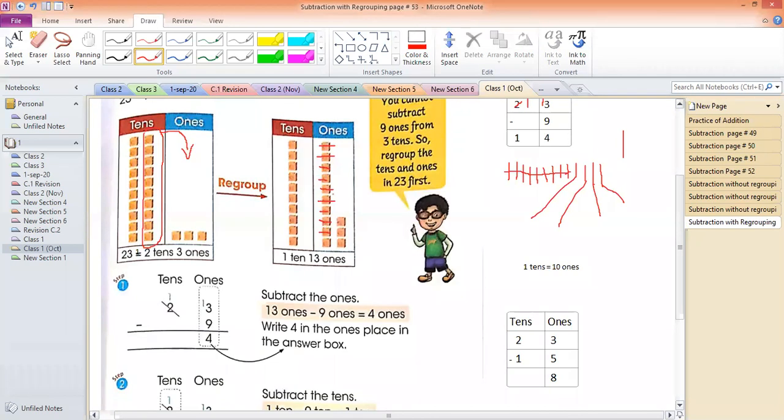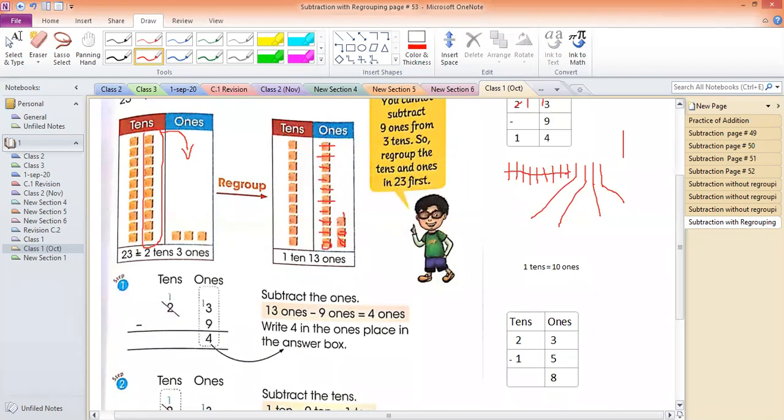Now you can check how many cubes are left. This is 1, this is 2, this is 3, and this is 4. So there are now 4 cubes left. So you will write 4.